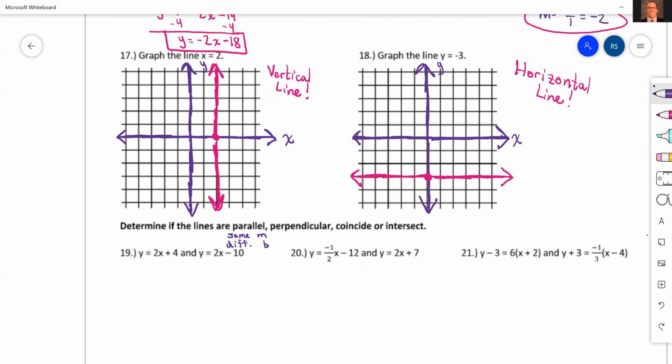Perpendicular means the slopes are opposite reciprocals. Coincide means same everything. And then intersect is just kind of the rest. Now, perpendicular also intersects, so keep that in mind.